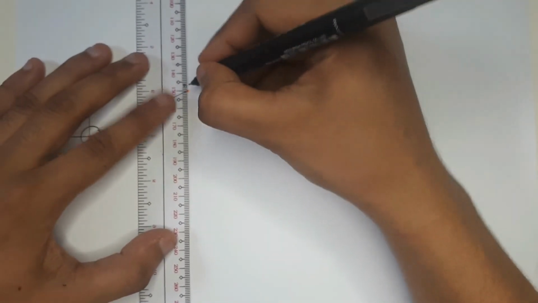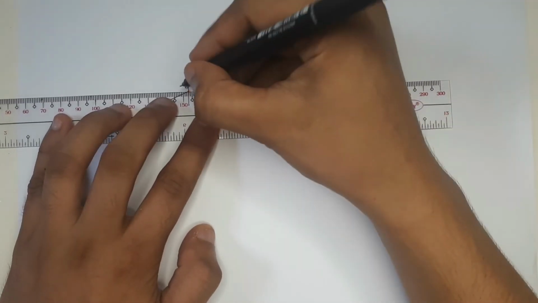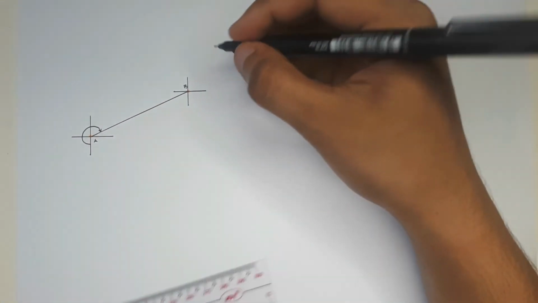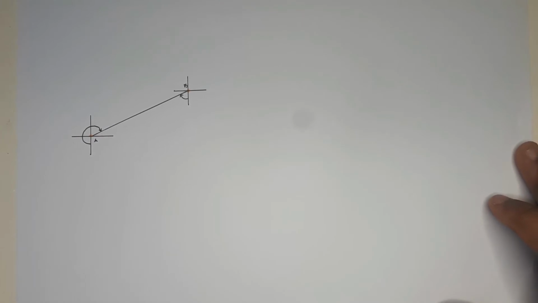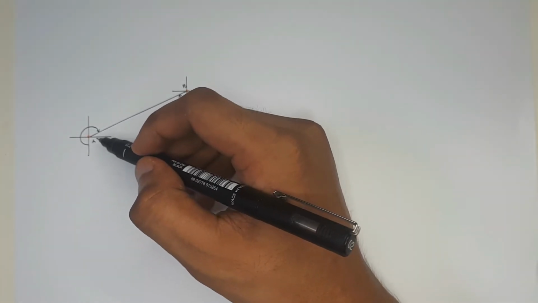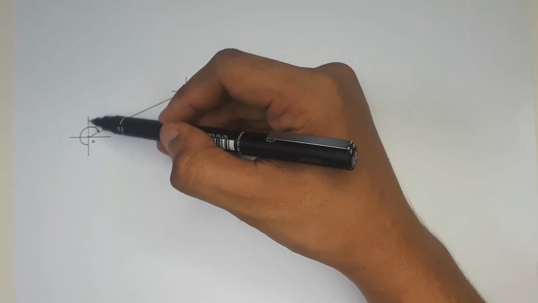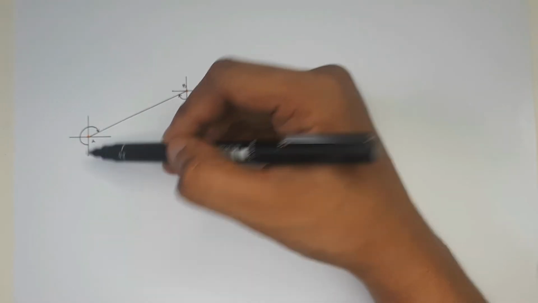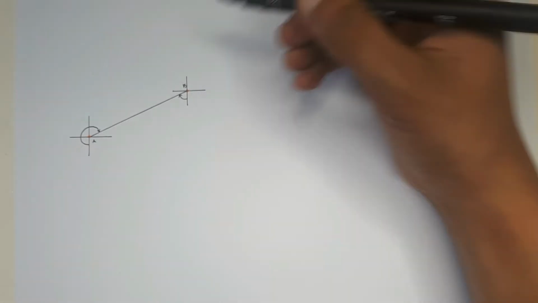Likewise, if we draw our north, south, east to west line for the point B, this angle here will be our back bearing. So if this angle is beta, this angle here is also beta, because this north-south line for point A and this north-south line for point B are parallel to each other.